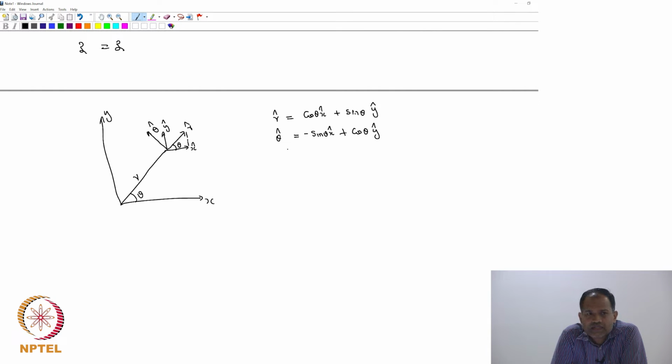Is that clear? Okay, so now write down what is x cap and what is y cap. You can write down using the same thing, or you can solve these equations whichever way you like. You can multiply the first equation with cos theta, multiply the second equation with sin theta, add up, and you will get x cap, and the other way.